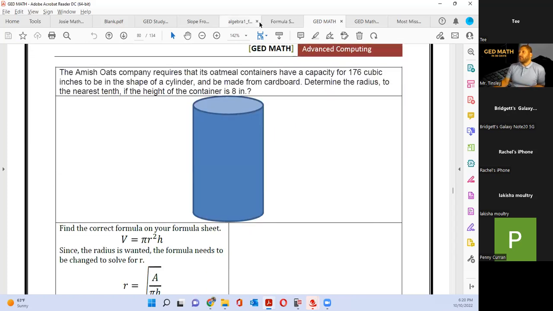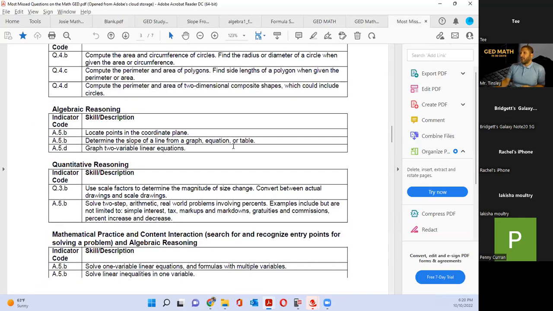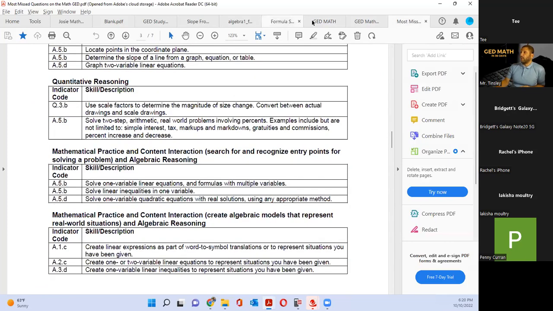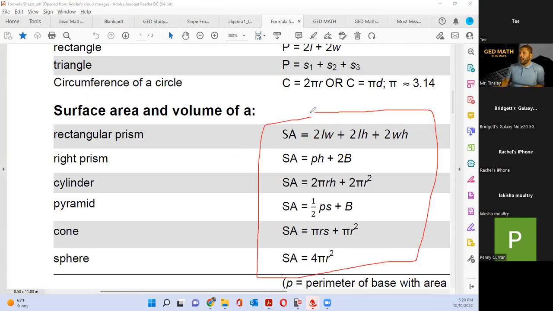I think my mindset was that at the time I created it, they only gave you one. So basically what you want to be able to do is go to your formula sheet, look at this section here, and identify what your shape is. For example, a cylinder.